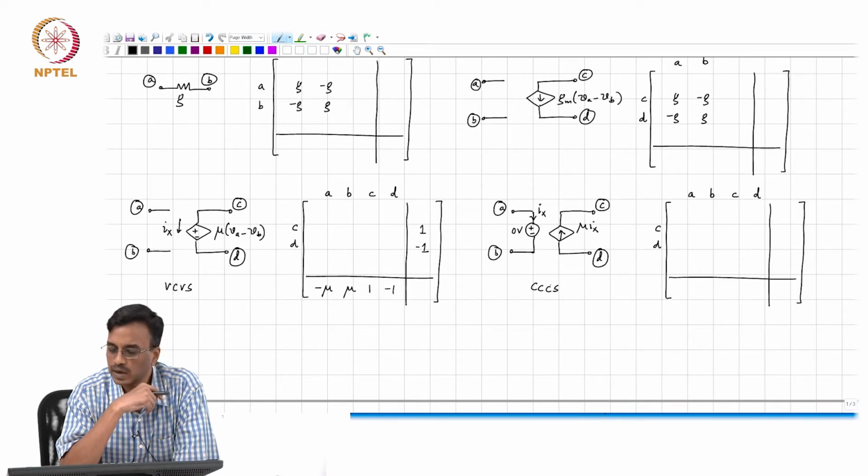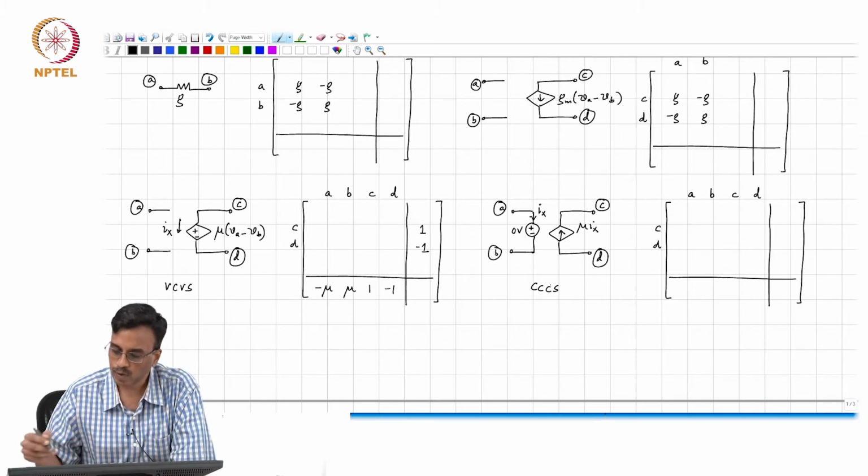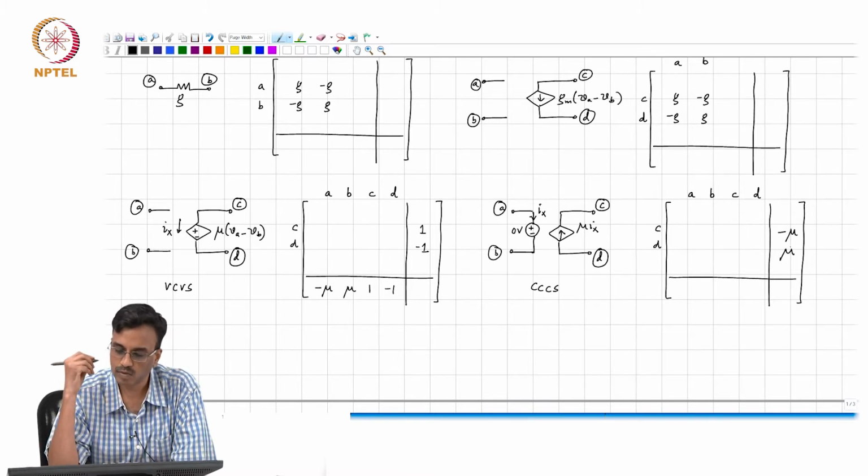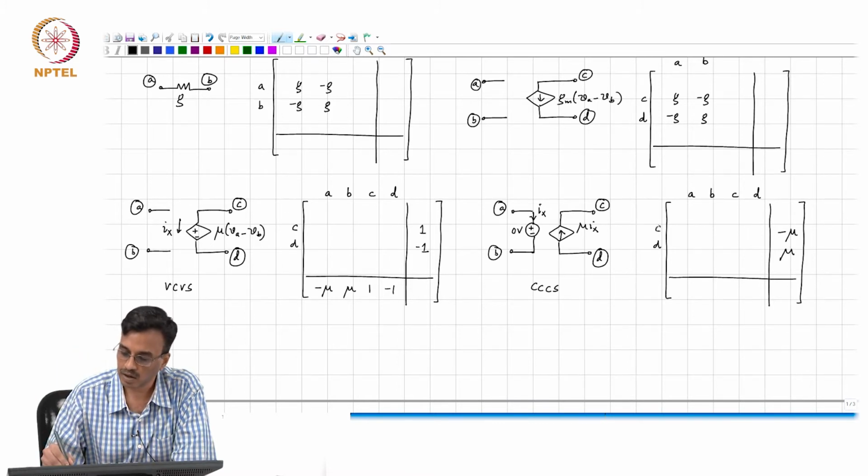In which rows will the last column have entries? C and D, and what will be the entry in the Cth row? Minus mu, and in the Dth row, plus mu.